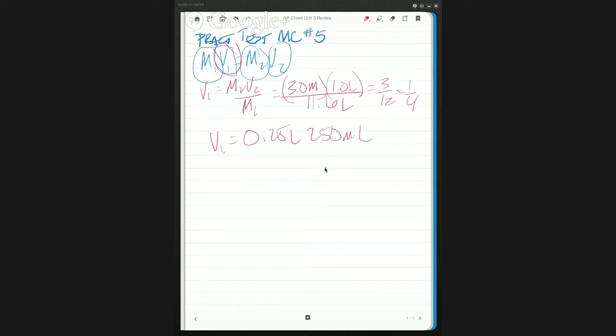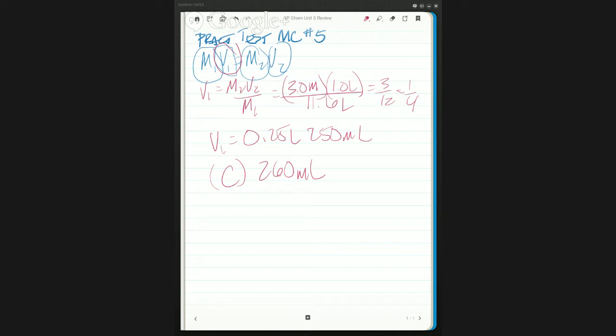So we look for an answer that's kind of close to that. And C, which is about 260 milliliters. So I'm assuming, Joanne, that your question is about the fact that there is no calculator on this, and 3 over 11.6 would definitely seem like a frustrating number to try to come up with. So it's a lot of finding numbers that are similar, kind of a process of elimination.